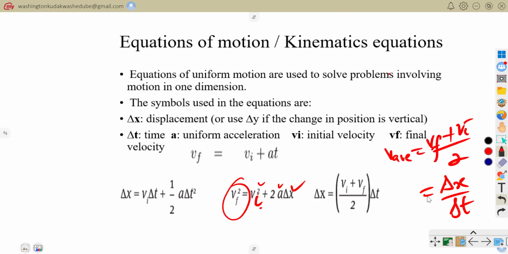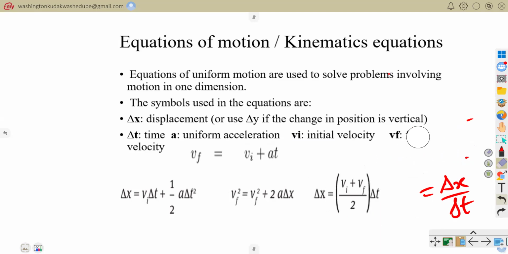So if we know the total displacement moved per unit time, we can equate these two and we'll end up with this equation, which says that the total displacement can also be calculated as V final plus V initial divided by 2 times delta T. So these equations are the ones that we are going to be using going forward.